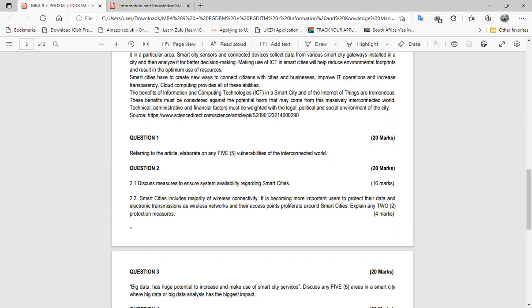Oh, the study guide. Open my study guide here. Let me just open the study guide so that we are able to search the things. All right. Okay, let's see.